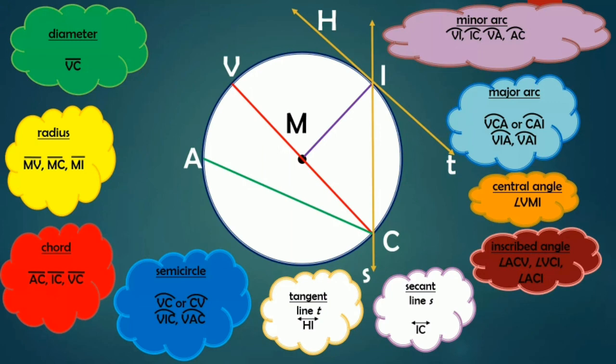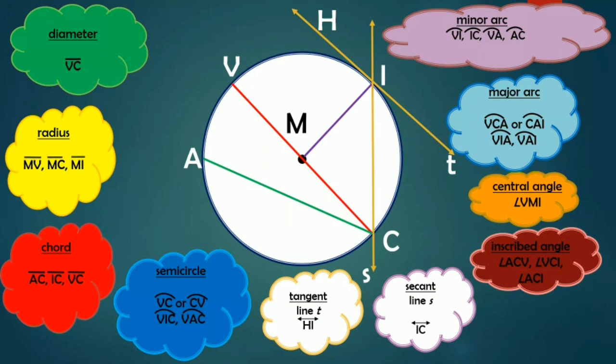Okay, next we have the tangent. A tangent is a line that intersects the circle at exactly 1 point. For tangent, we have line HI or line T, and the point of tangency is point I. And finally, we have the secant.